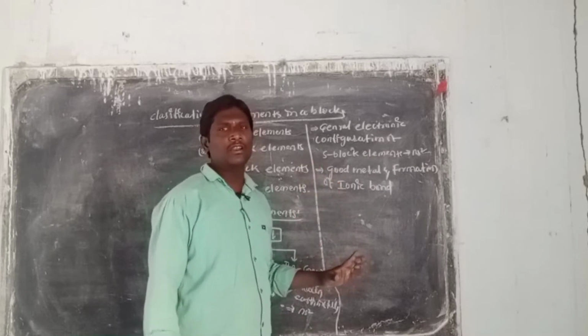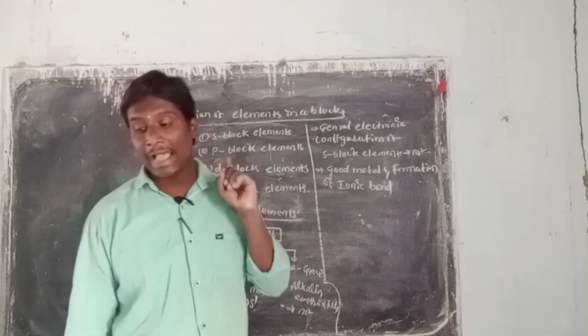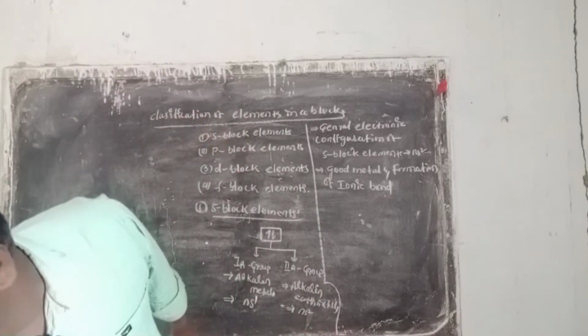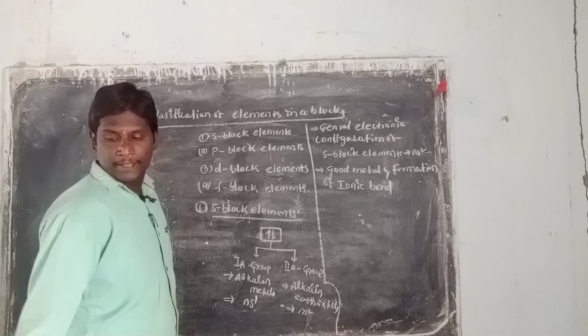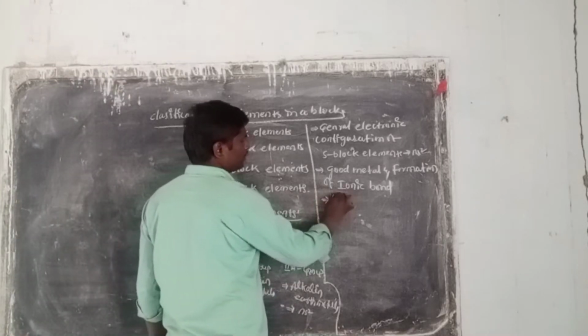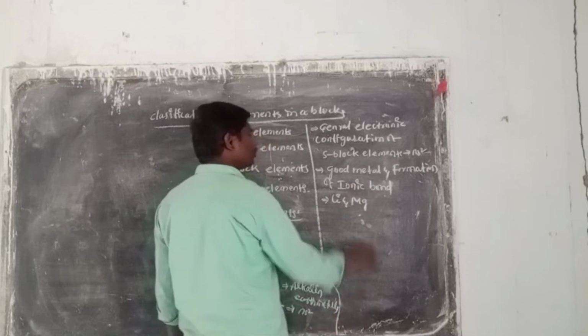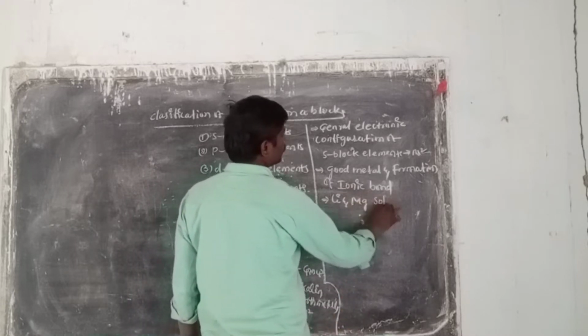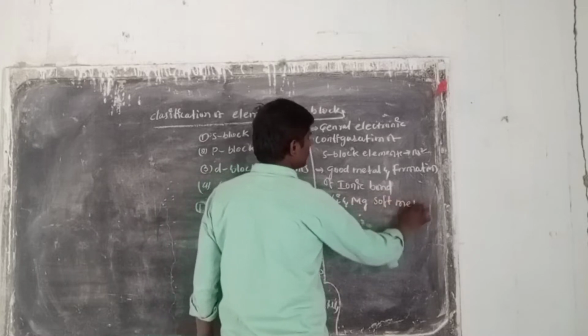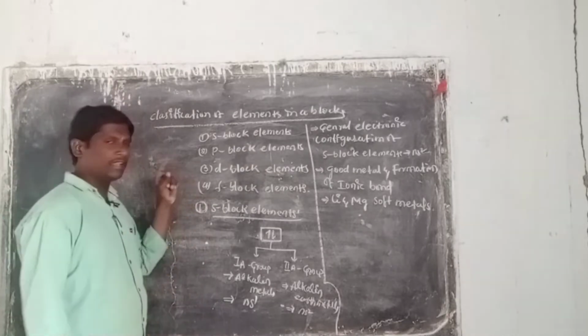These are good metals and form ionic bonds. In this block, lithium and magnesium are very soft metals. This is the information about s block elements.